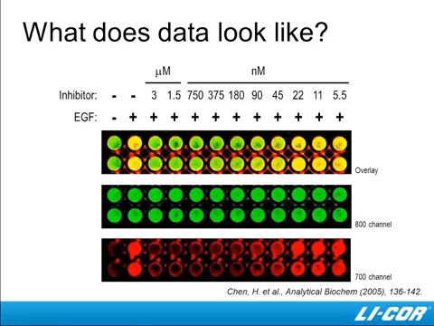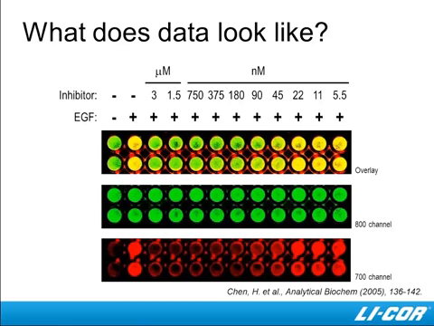Here I'm looking at my total protein. In red is my phospho signal, or my phosphoprotein of interest. So in this example, I'm looking at the EGF receptor. And I'm looking at phosphorylation of the receptor after addition of EGF.